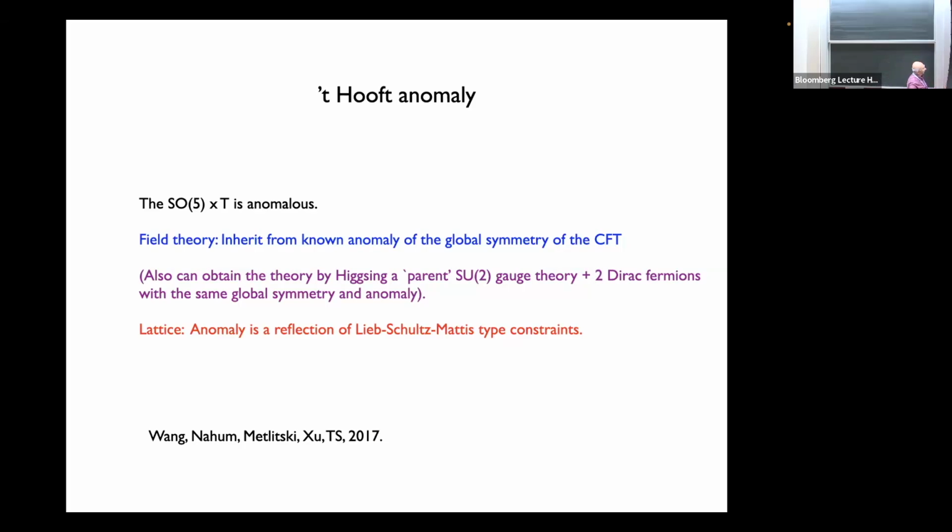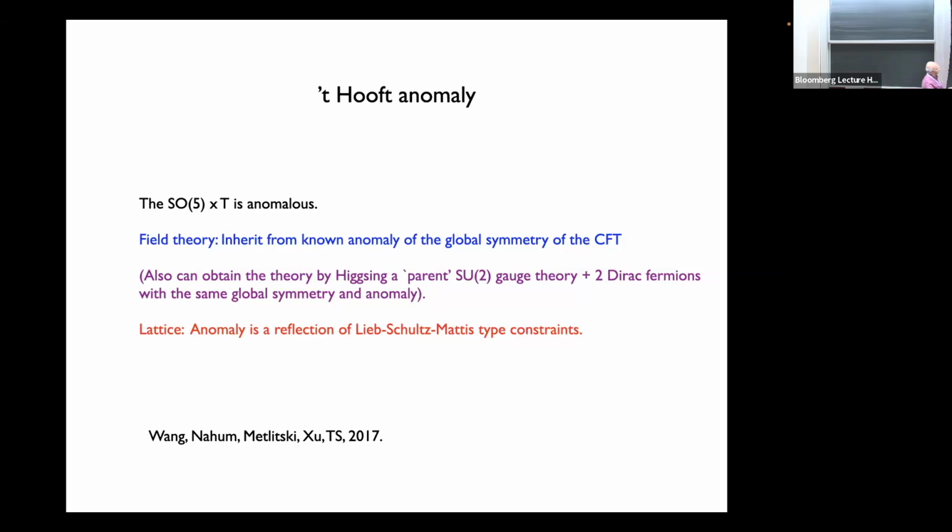And so there is an anomaly. One can also obtain the same field theory by Higgsing a different field theory, which is an SU2 gauge theory with two massless Dirac fermions. That theory has the same global symmetry and the same anomaly. Then you add a Higgs condensate that reduces the SU2 gauge structure to U1. You don't change the global symmetry or the anomaly.